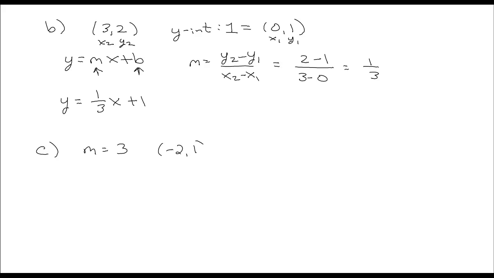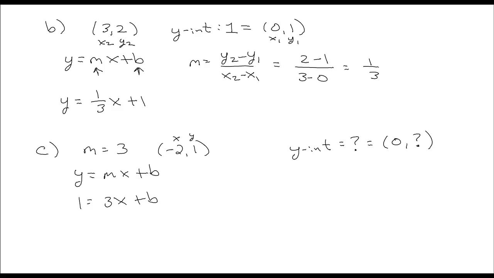So that's part B. Part C: the y-intercept of a line with slope of 3 that passes through the point negative 2, 1. The question is, what is the y-intercept? So 0, comma something is really what's being asked. Here's your x, here's your y, so 1 is equal to 3x plus b, but I know x, so I plug in the x as well: 3 times negative 2 plus b.